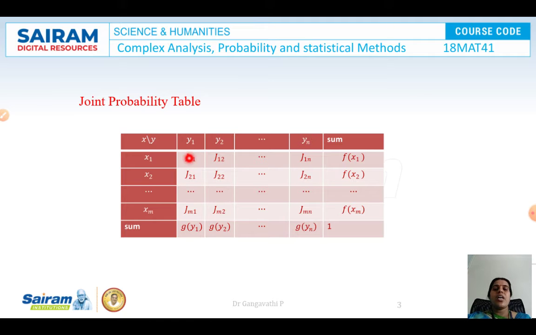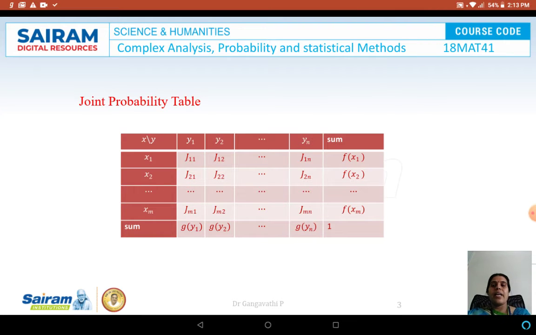Here J represents the joint probability function of x1 and y1. So x1 is the first element and y1 is also the first element, so it is J11. In this J11, the first index is with respect to x, the first random variable, and the second is with respect to the second random variable y.